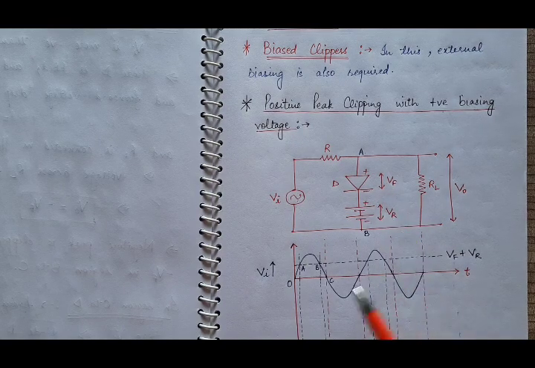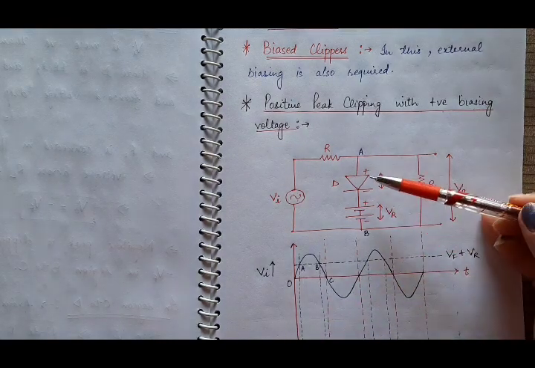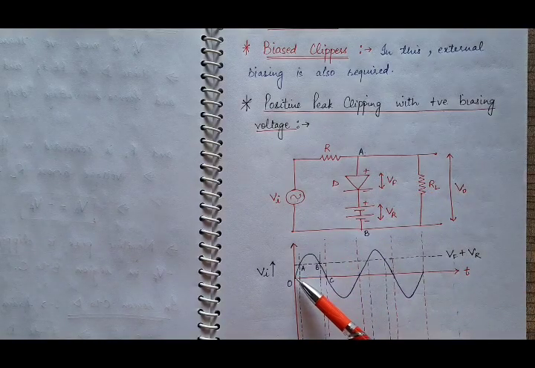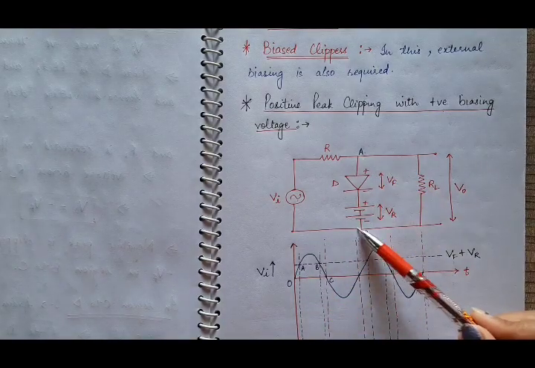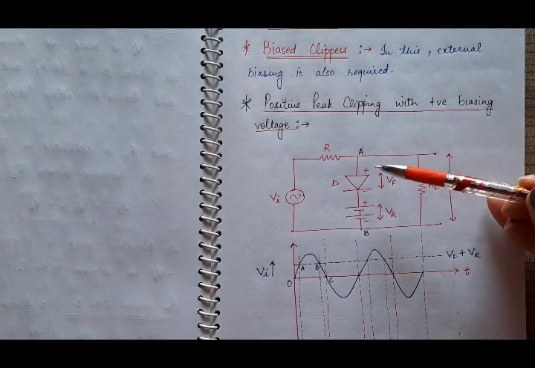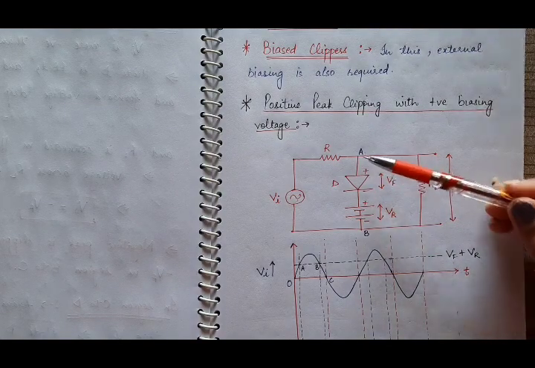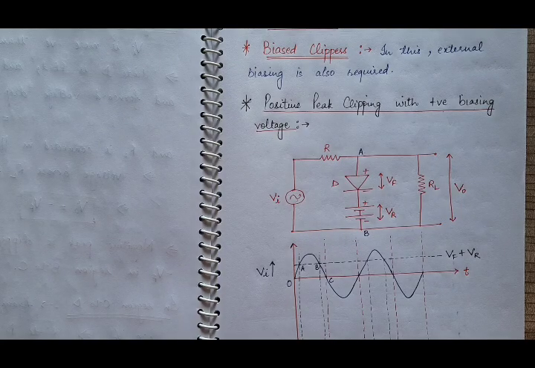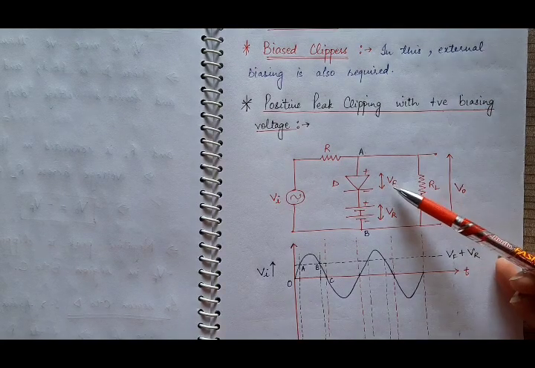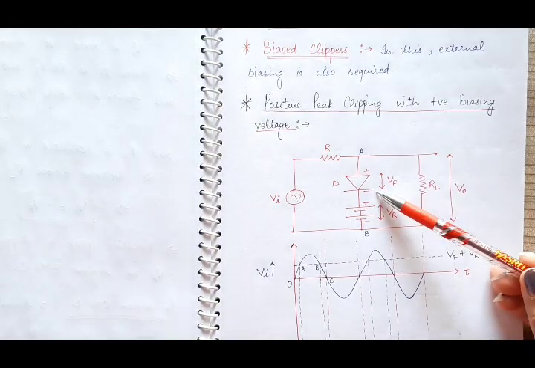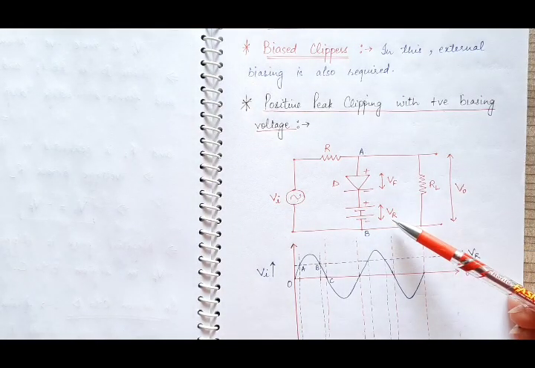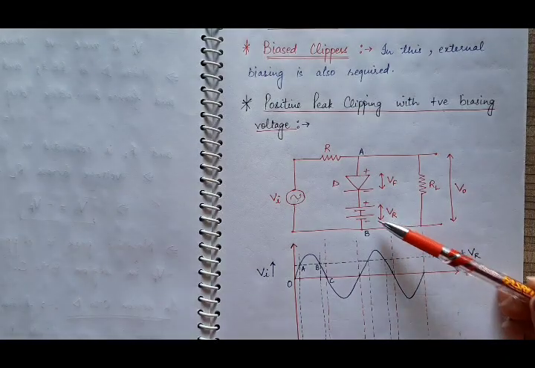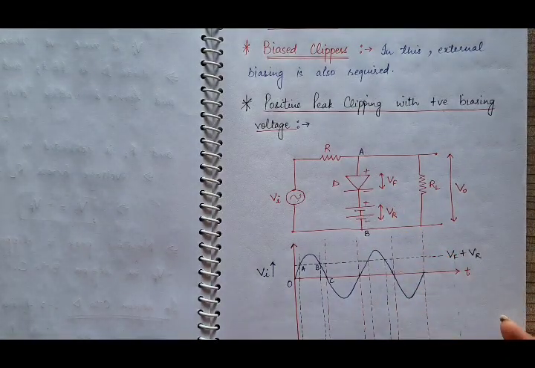So in the starting, this voltage is less than this. Now see the voltage across terminals AB. What is the voltage across terminals AB? Vf is the voltage across the diode, plus VR, the biasing voltage.